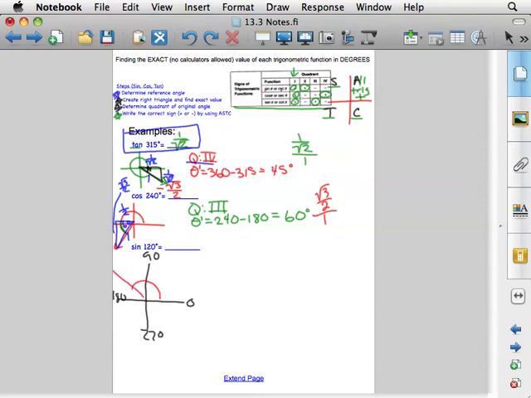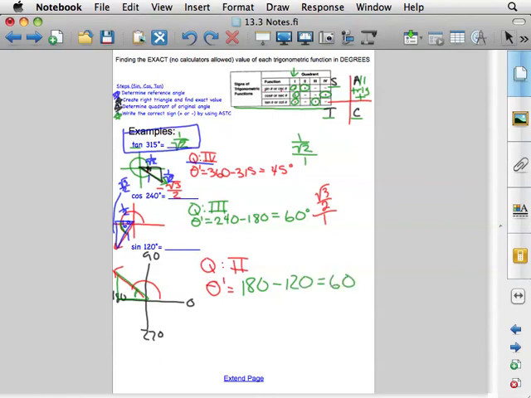So our quadrant is the second quadrant. Our reference angle is the angle it's creating with the x-axis. So we've got this right triangle in here, and this missing angle would be 180 minus the 120, which is 60 degrees.